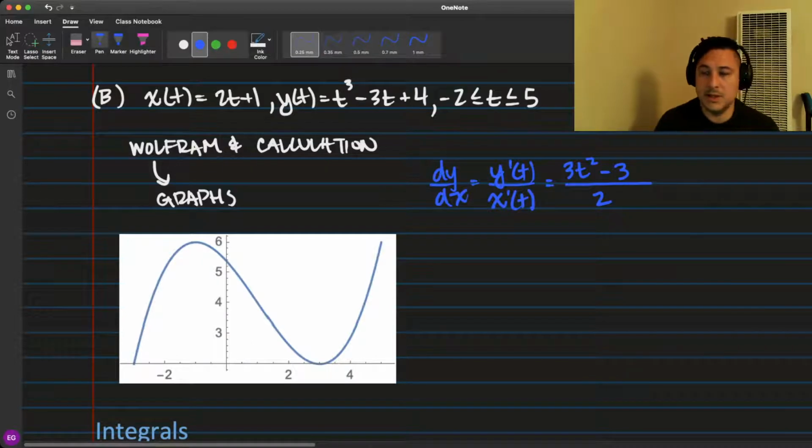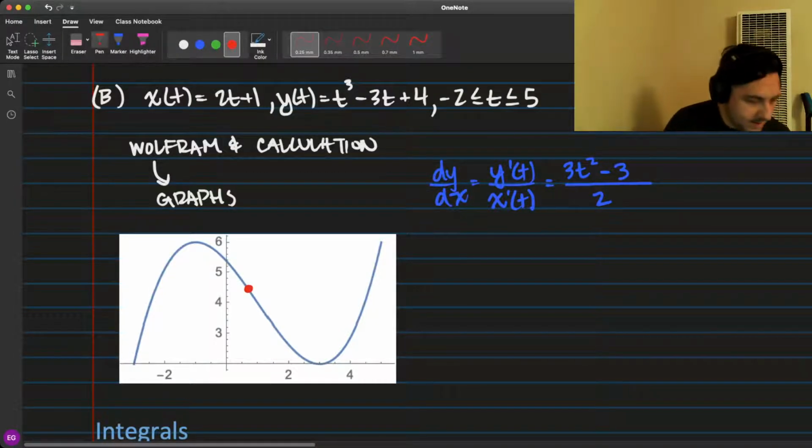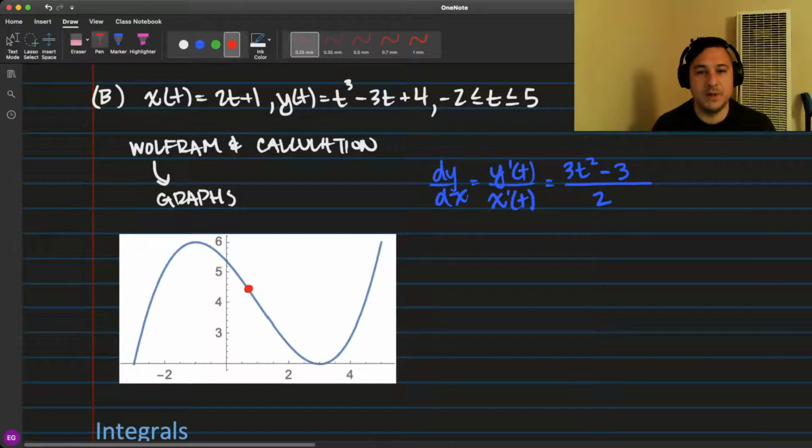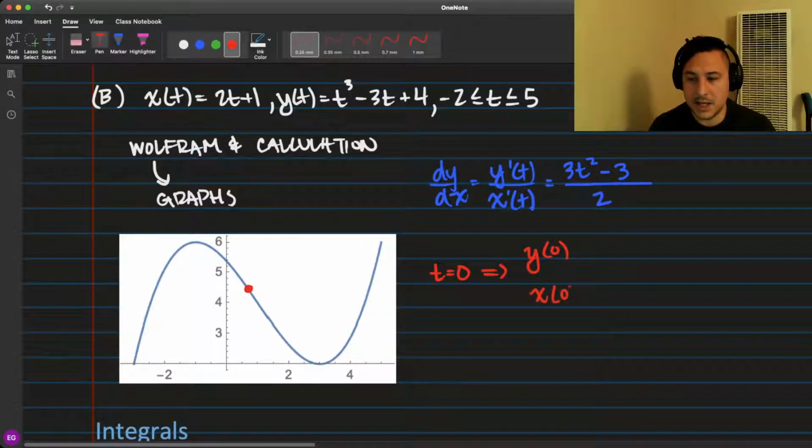Okay. So if you wanted to use this on the graph, you would have to figure out what the t value of this point right here is. So let's just do an example. Let's choose t equals 0. You'd have to plug 0 into x of t and y of t.